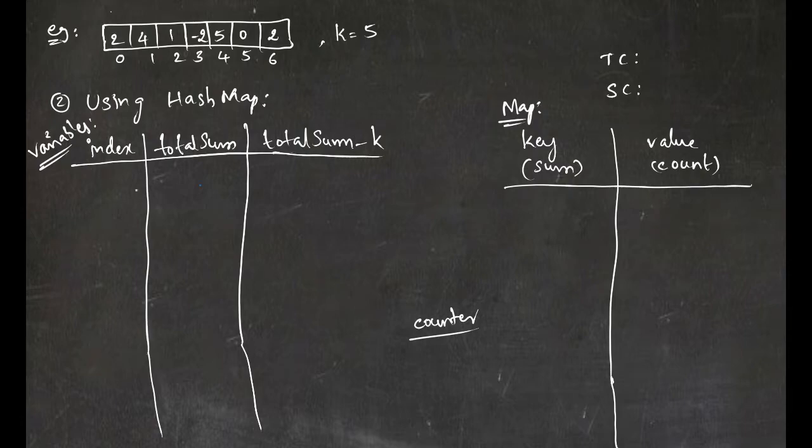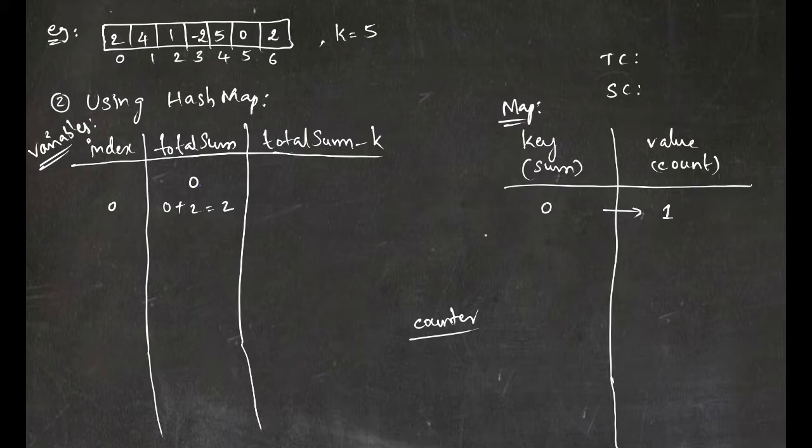So let's go over this example. Before I even start my array, I have a total sum of 0, so I keep it here and I have to keep the same thing here. So I got a sum 0 once. If I go to the first element, the total sum till now is 0 and the current element is 2, so it is 2.